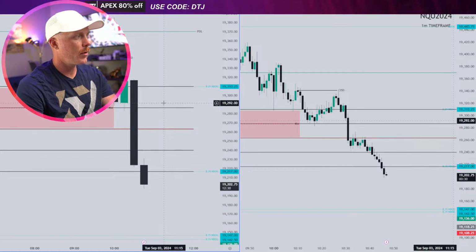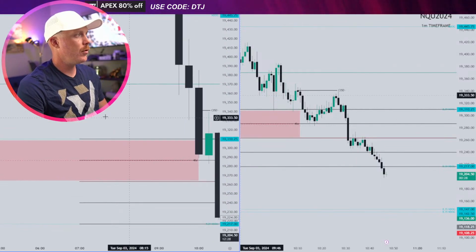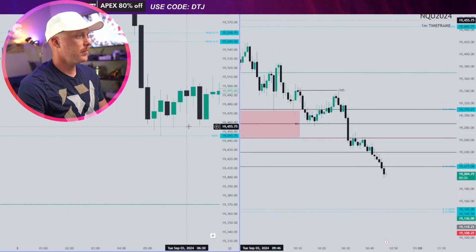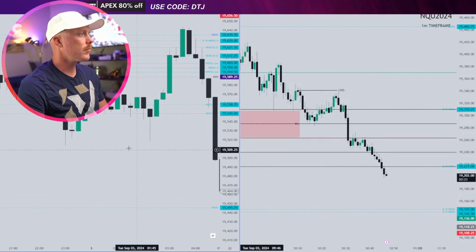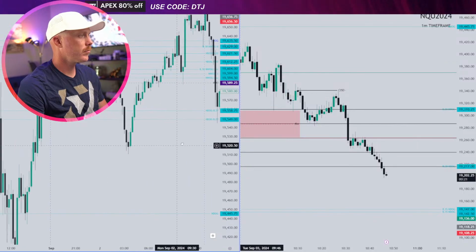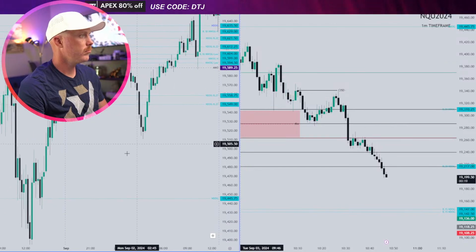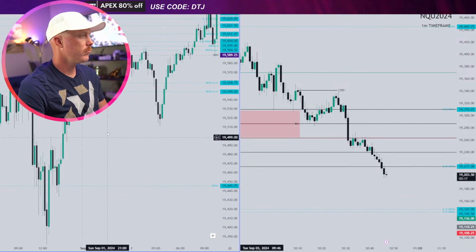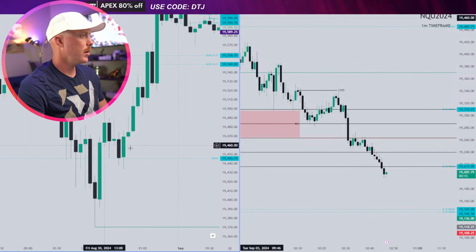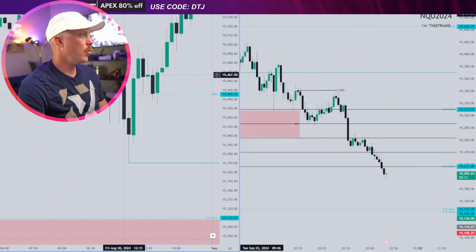The same goes in reverse. Let me give you one here. When we have a candle like this solid candle right here, when it moves lower, this is a bullish order block.